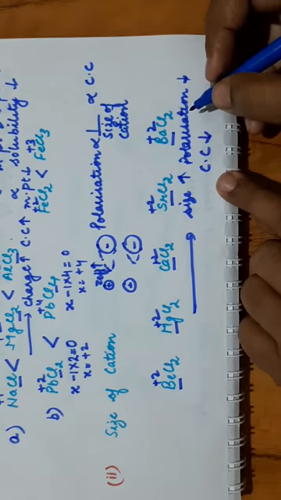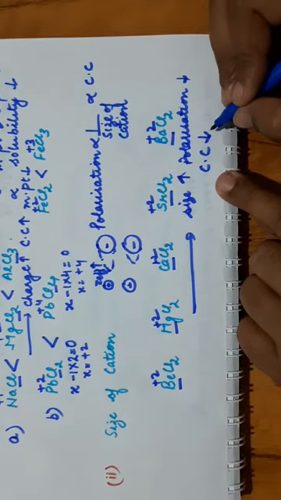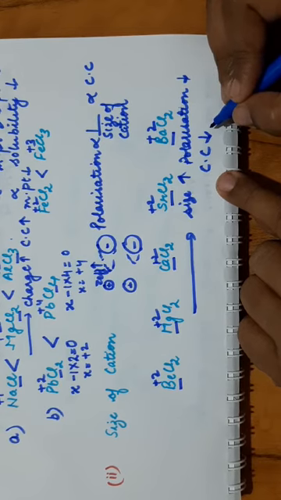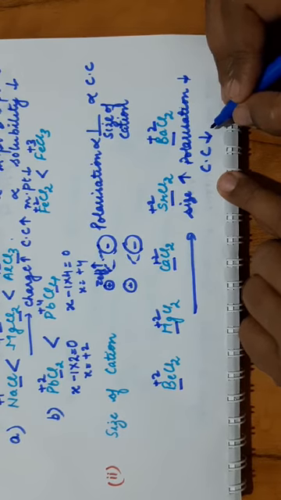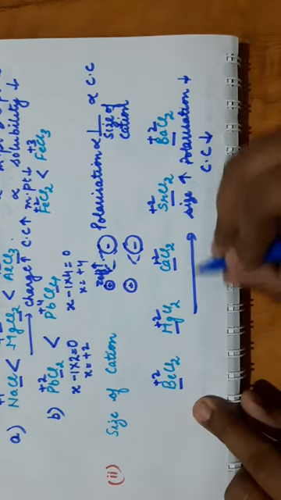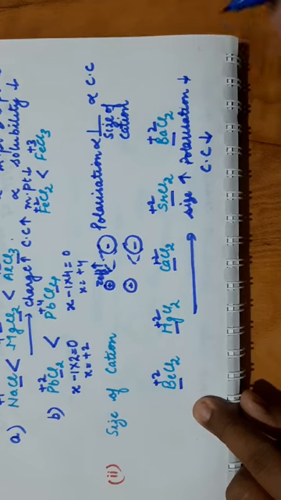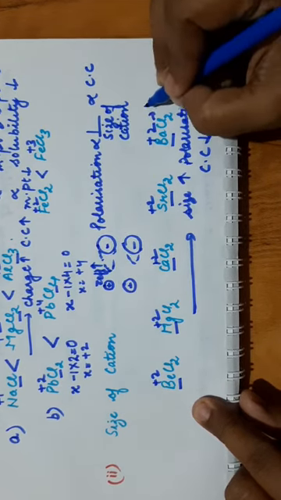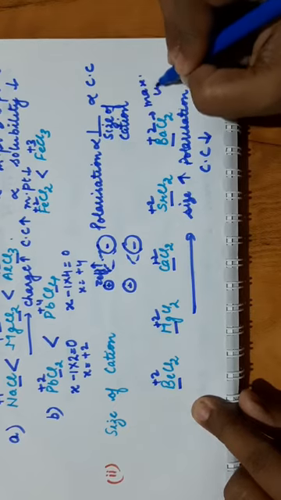So which will have the highest or lowest melting point? Which will have the lowest melting point? Which will have the highest covalent character among these? In this order, covalent character is decreasing, means beryllium chloride will be maximum ionic in nature.